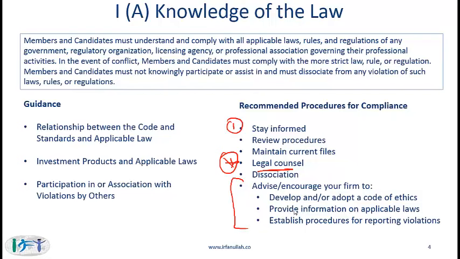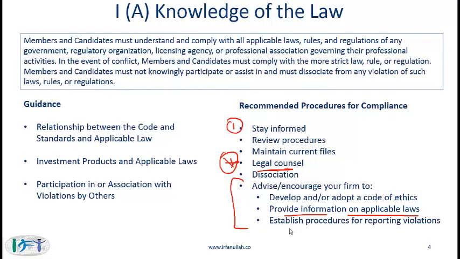And if your firm is an investment management firm, then it can potentially adopt the research objectivity standards. What the firm might also do is force all the employees to follow the CFA Institute code and standards and so on. As discussed before, you should also encourage the firm to provide information on applicable laws and make sure that this information is easily available and disseminated through regular training courses and educational seminars.